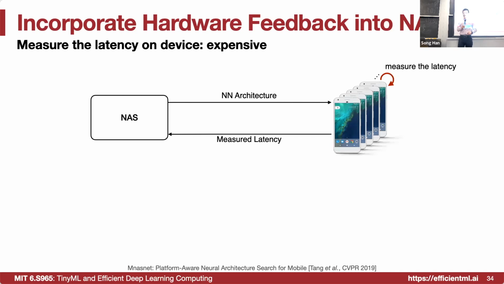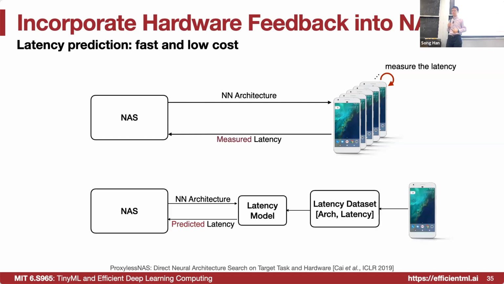But usually, since we have to measure the latency very frequently during training, it can be very expensive to build a mobile farm, and it also suffers from heating and all these kinds of issues. So we can build a latency predictor. Rather than directly measuring the latency, we can train a latency model from a latency data set: given the architecture, predict the inference latency.